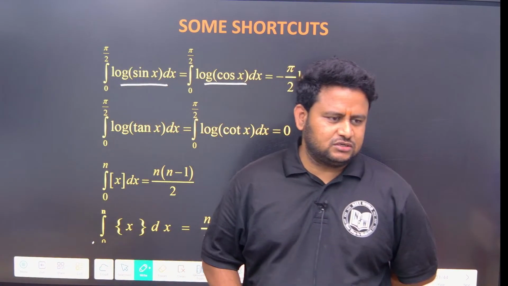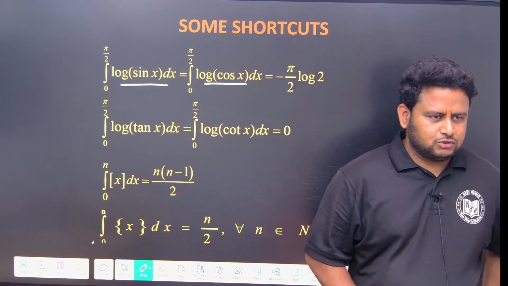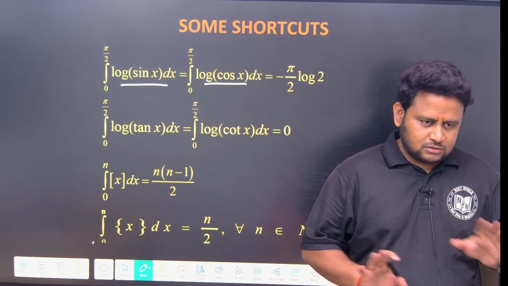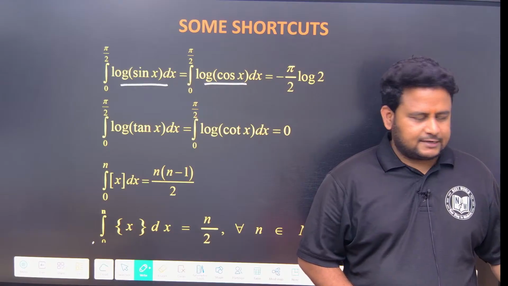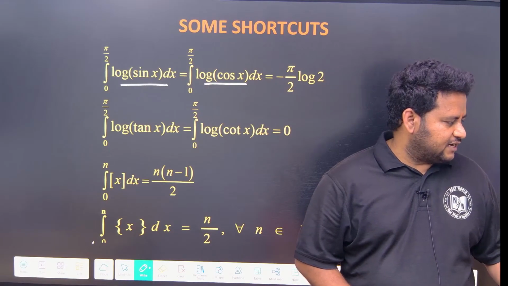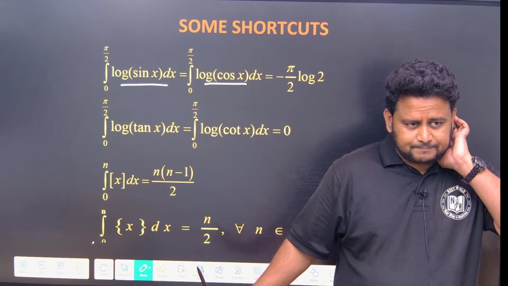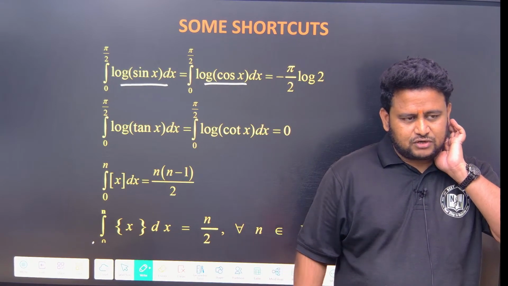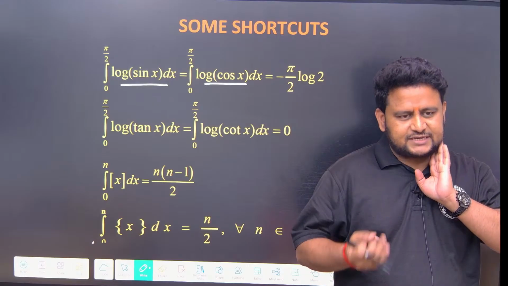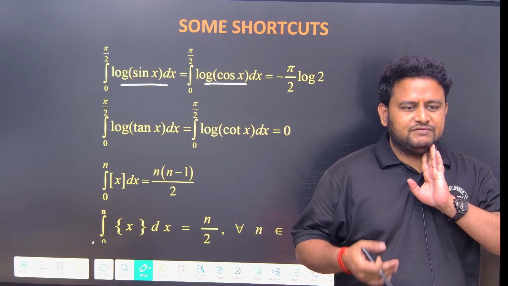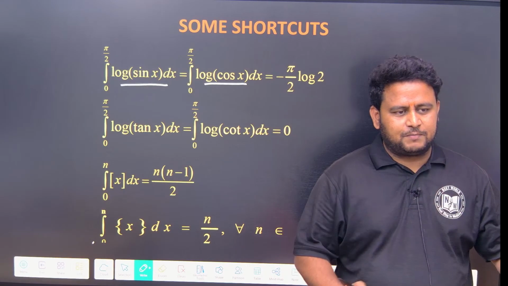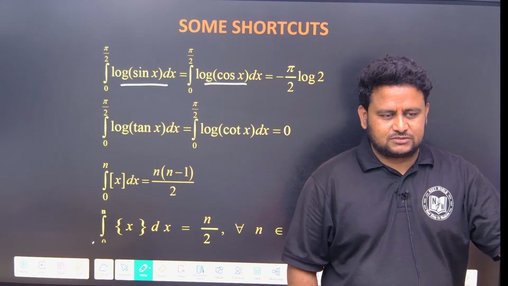So definite integration you should be able to do. Two questions will come, and both are easily attemptable. You have to remember those properties, especially King's rule, and also properties number 8 and 9, and the property f of 2a minus x equals f of x.